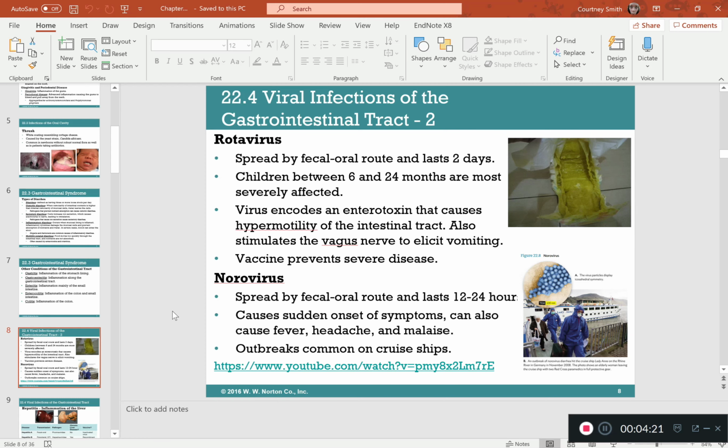There is a vaccine for rotavirus as compared to the norovirus. There's no vaccine for norovirus, and the symptoms normally onset very quickly and only last about 12 to 24 hours, whereas the rotavirus is normally 2 days, but it is also self-limiting. The norovirus often happens on cruise ships, whereas rotavirus is more common among children.